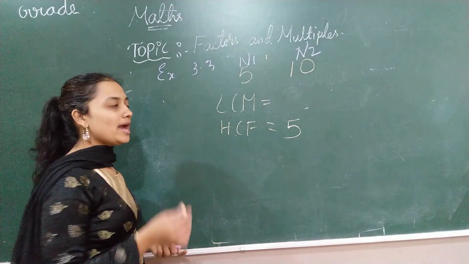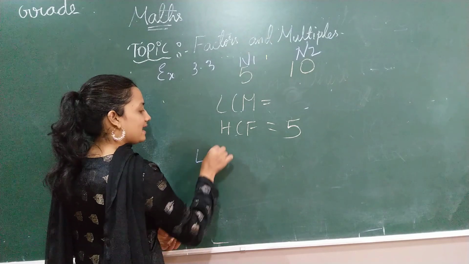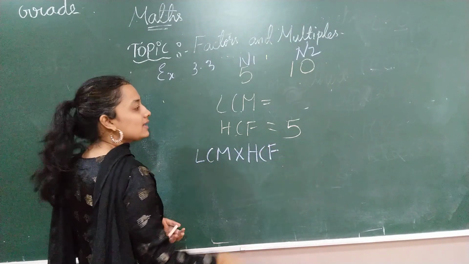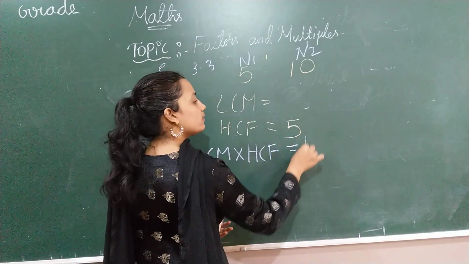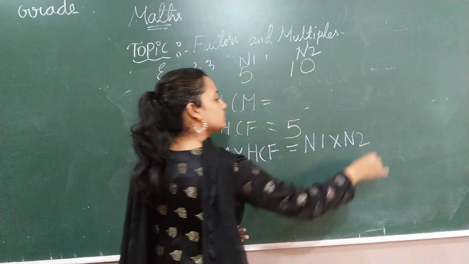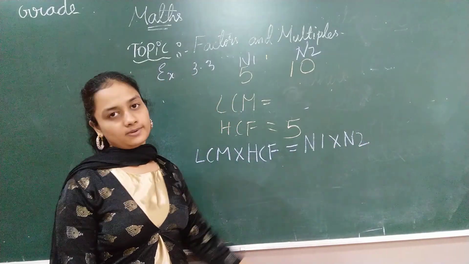For that, we have a very nice formula: LCM into HCF will be equal to the product of the two numbers, N1 into N2. I have written it in short form, product of the two numbers.